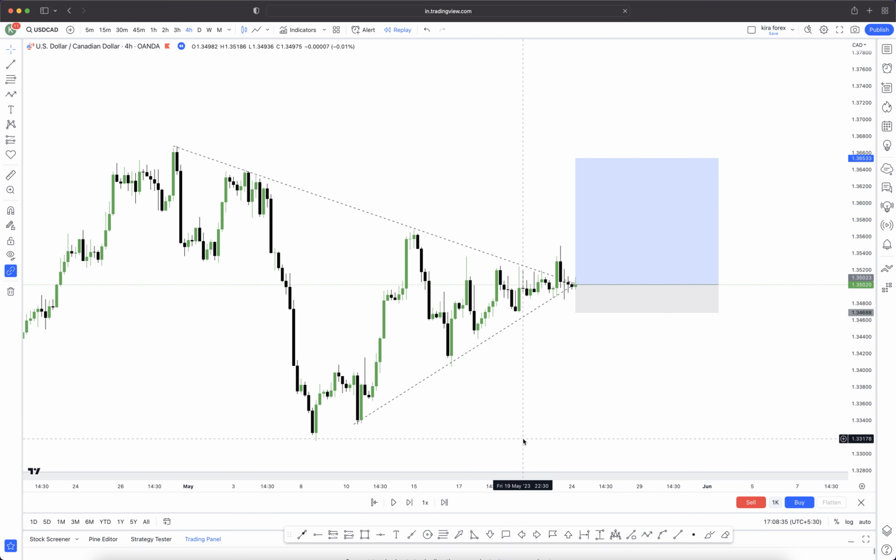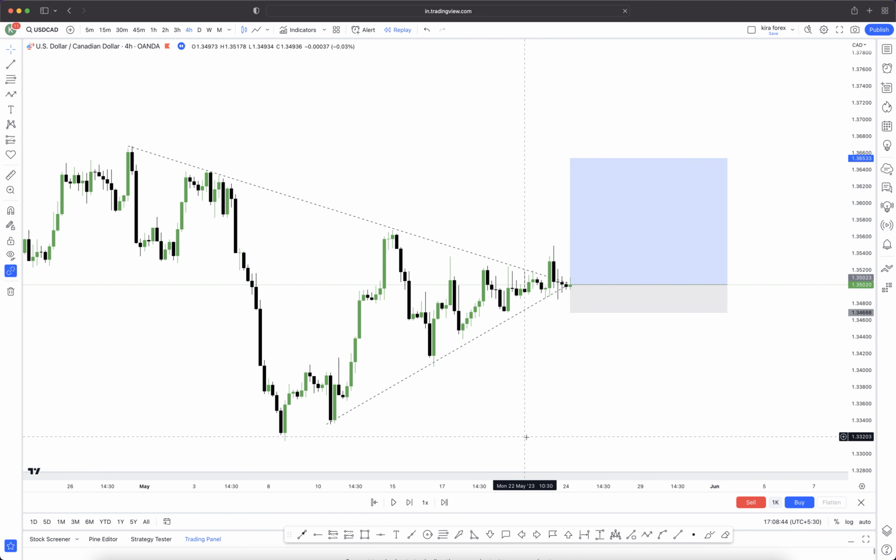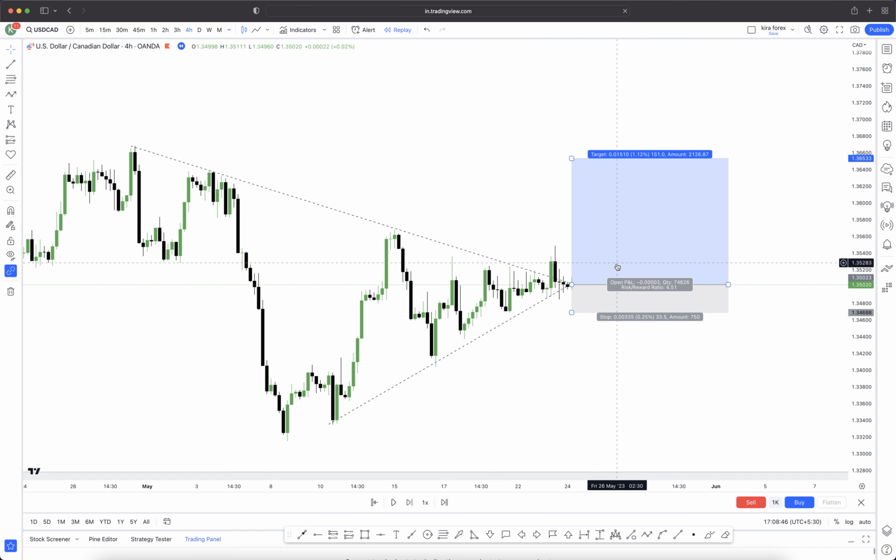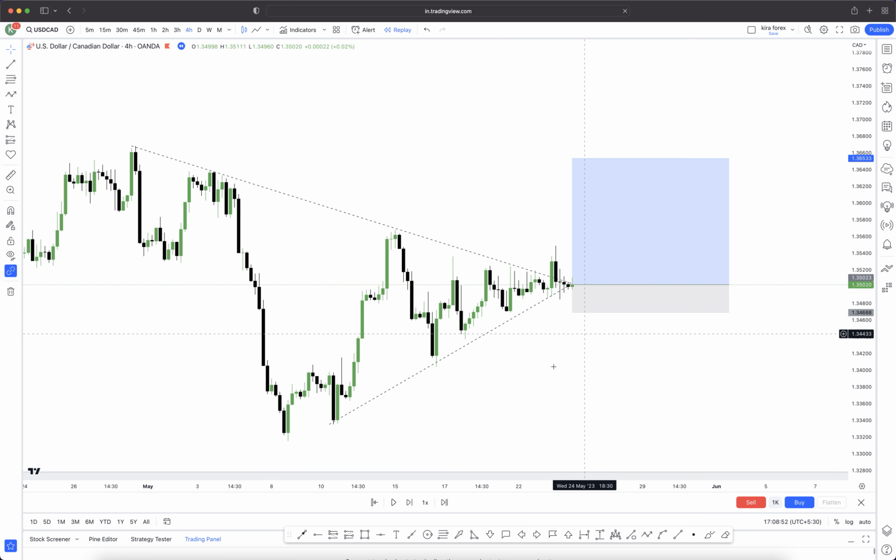So if you don't want to be manipulated by this market, then make sure that you take your profits at the nearest support or resistance. And as you can see, my risk to reward over here is 1:4. This is a perfect risk to reward for me, and I'll be waiting to take my profit at the nearest support or resistance.